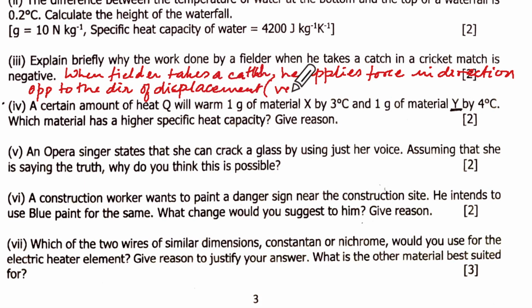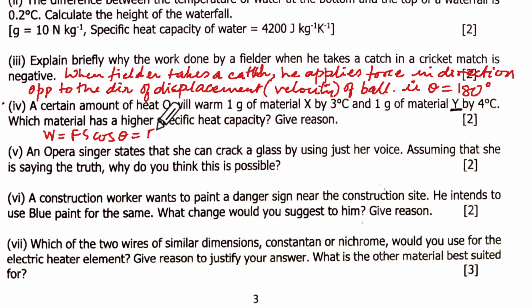You understanding? Yes, ma'am. That is, theta is equal to 180 degrees. You wrote this much? Yes. Then in the next line you will say W equal to Fs cos theta, equal to Fs cos 180 degrees, equal to Fs into minus 1, equal to minus Fs.